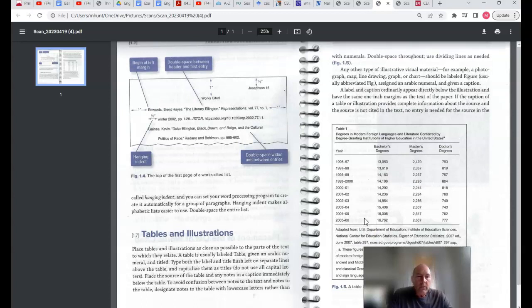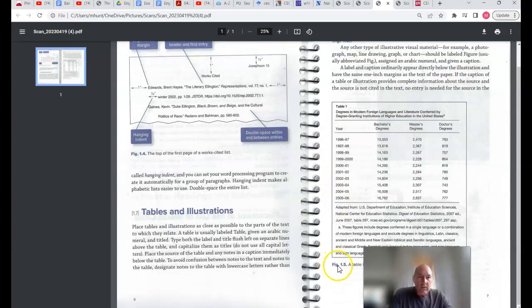You just go in order when you have these graphics. Again, a table is a graphic, a picture is a graphic, a chart is a graphic, a graph is a graphic. So you can call them all figures, okay? Labeled as figures, and then you usually do an abbreviation and then the number there.